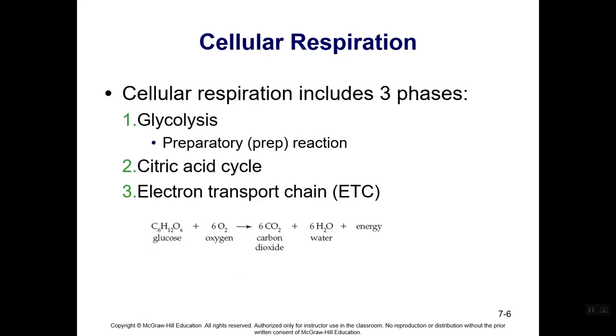Okay, so cellular respiration we said occurs in multiple phases. These are the phases of cellular respiration: glycolysis, the prep reaction, the citric acid cycle, and the electron transport chain. Now, some textbooks may call the citric acid cycle the Krebs cycle.